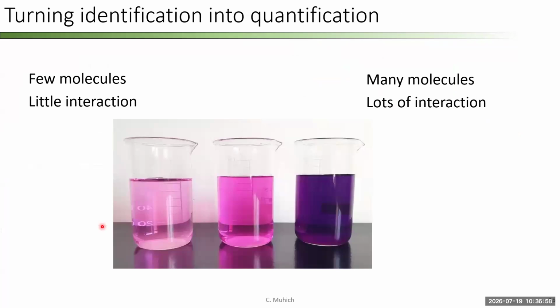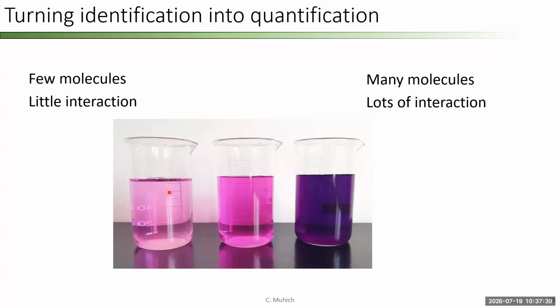All right, so we've talked a lot about how we can use this to identify various molecules, but we can also use a lot of these spectroscopic techniques for quantification. And I want to start with an example of this. So let's say I take a purple molecule and I put a small amount of purple dye in a beaker. Notice these beakers have the same amount of liquid in them. And I put a little bit of dye in versus a lot of dye. If I have a few molecules, the light that passes through doesn't interact strongly with the molecules.